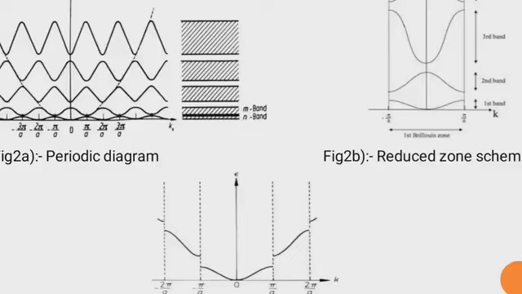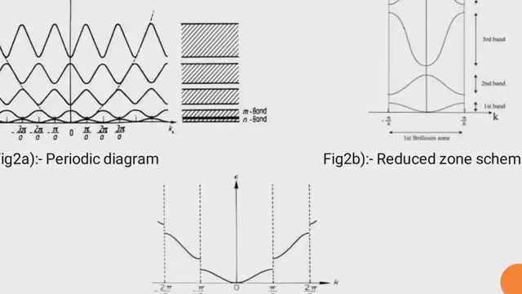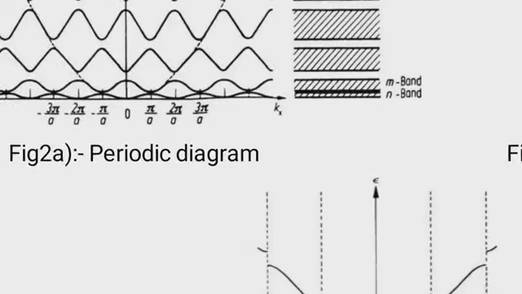As it is a periodic arrangement, for every given value, k is equal to pi by a, 2 pi by a, 3 pi by a, and so on. Similarly, towards the negative side, the values will be minus pi by a, minus 2 pi by a, minus 3 pi by a, and so on.